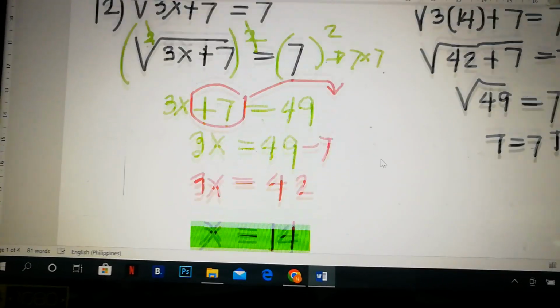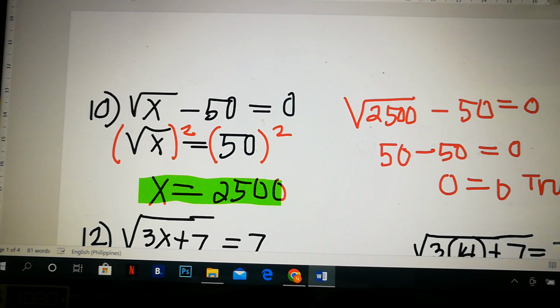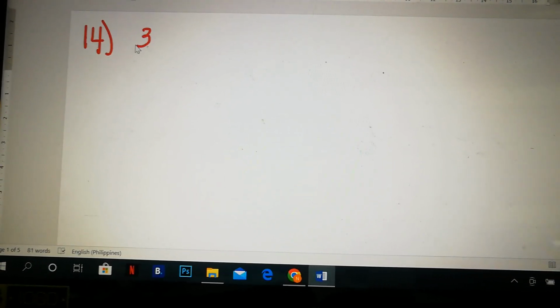Next, number 14. 3 minus square root of x minus 4 is equal to 0.